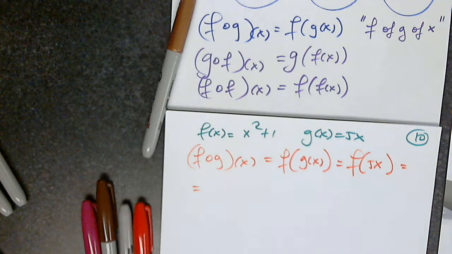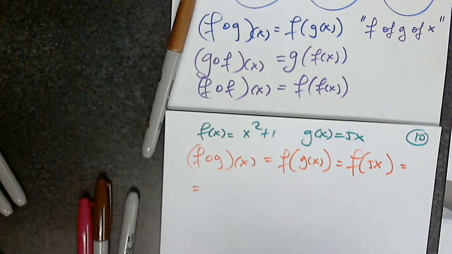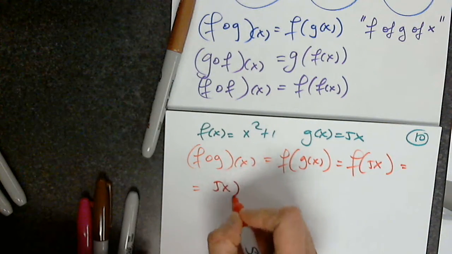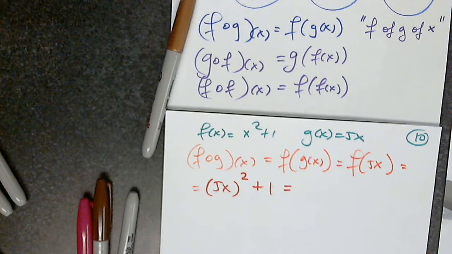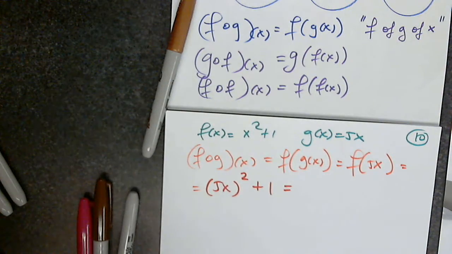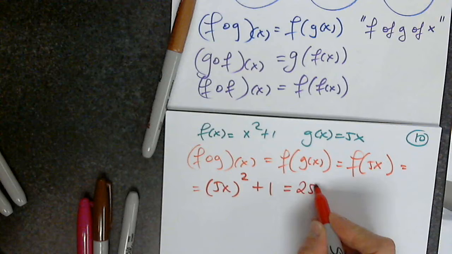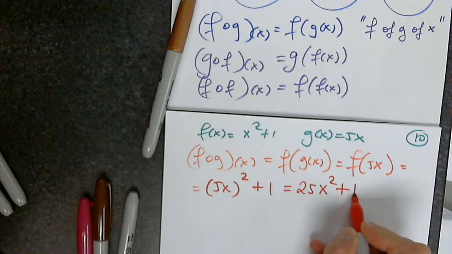How do I write this? Squared and then plus 1. Excellent. How do I square 5x? It's a product. There is no problem there. It's not a binomial. So that is 25x squared plus 1.